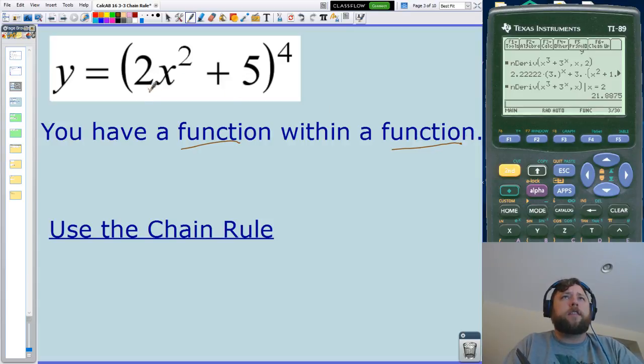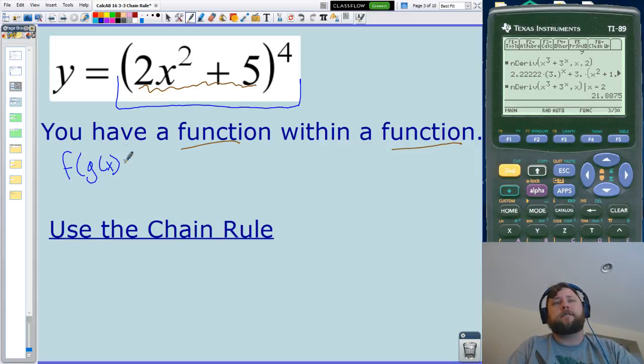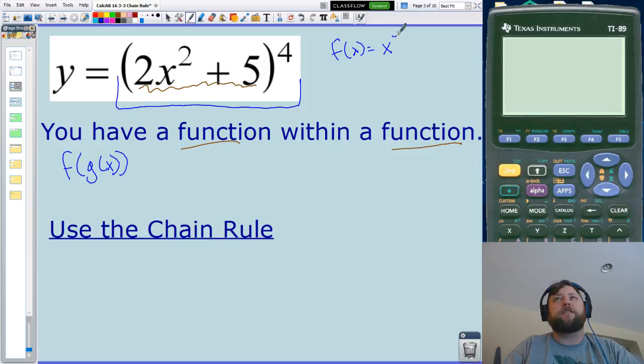So the inside is this 2x squared plus 5, and then the outside function is this whole something to the fourth power. I could actually rewrite this as a composition function, basically an f of g of x, where f of x would be x to the fourth, and g of x is 2x squared plus 5.